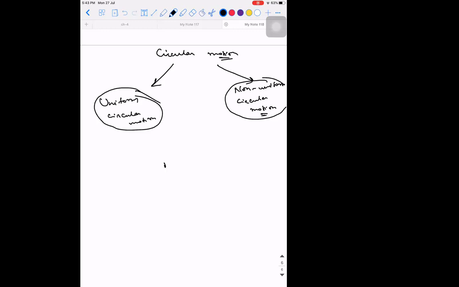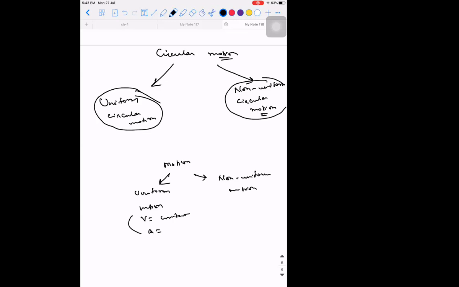Yes, sir. So when I say uniform motion, what is going to be constant? Velocity is constant. And what about the acceleration?